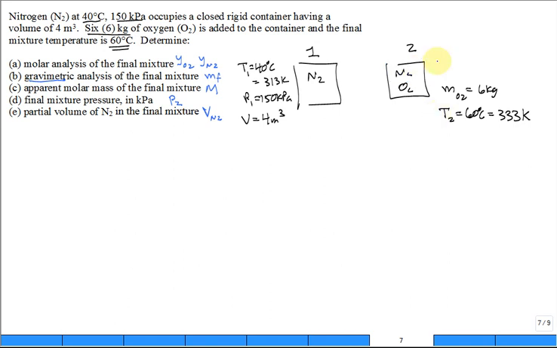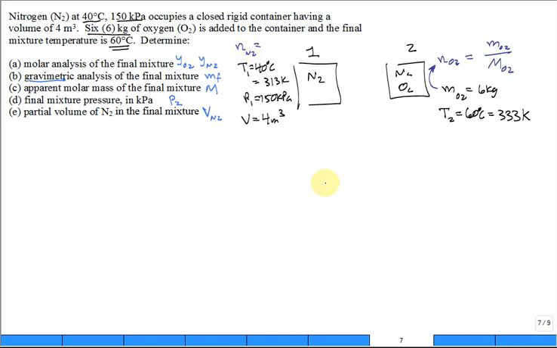Get the number of moles of O2 that have been introduced. How would I do that? It's the mass of the O2 introduced, lowercase m, divided by cap M of diatomic oxygen. Roughly, what's the molar mass of oxygen? 16 and 16, 32 kilograms per kilomole. How about the number of moles of N2 originally in the tank?